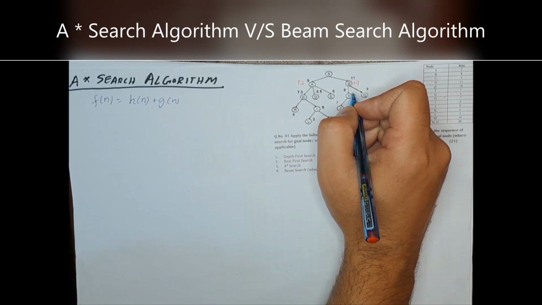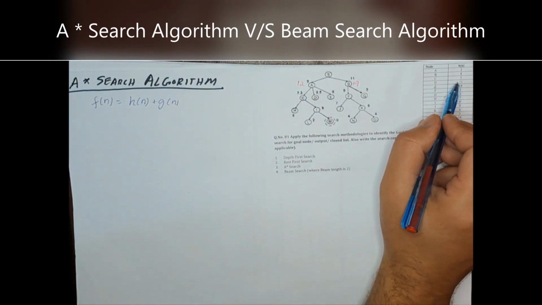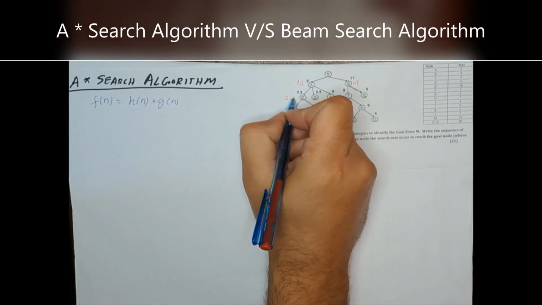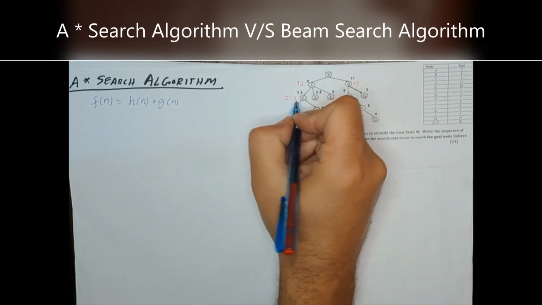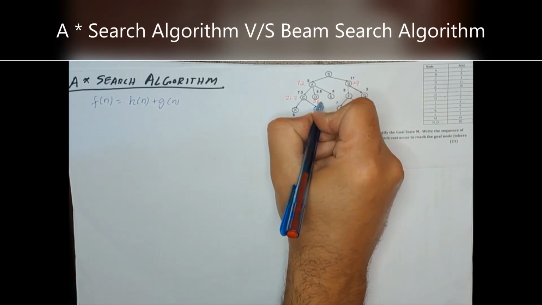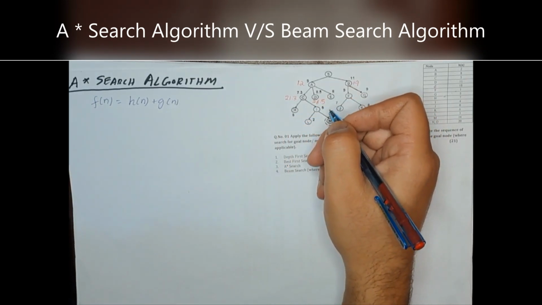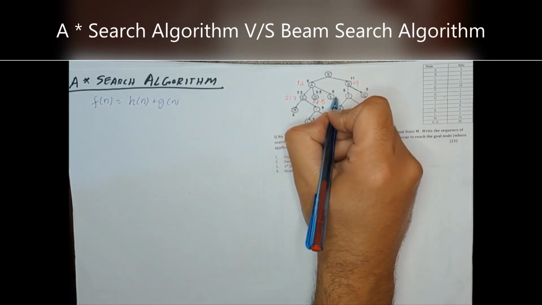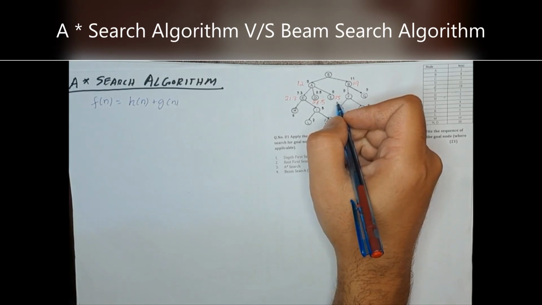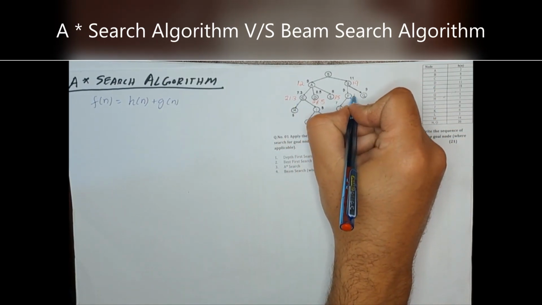For C it is, as I mentioned, 16.3 up to this point, plus 5 is the value of C, so it becomes 21.3. For D it is 28.5. For E it is 35. For F it is 21. You can count it actually, I already counted 21.